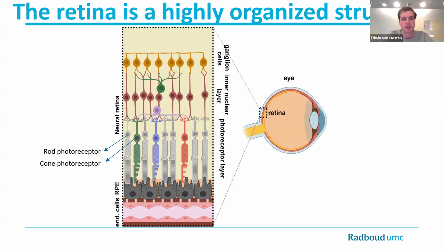These photoreceptors are in contact with an epithelial cell layer called retinal pigment epithelial cells. And together, these RPE cells, together with the vasculature, form the blood-retinal barrier, which is similar to what the blood-brain barrier is for your brain. And these cell types, so the photoreceptor cells, but also the RPE and the vasculature as well, are the main cell types that are affected in retinal degeneration, the topic of today's talk.